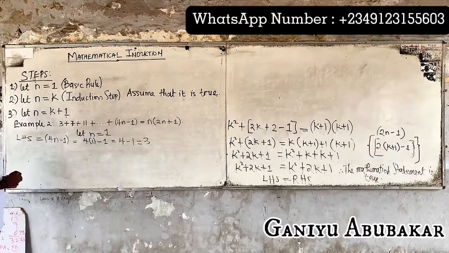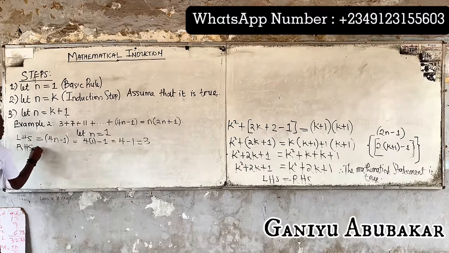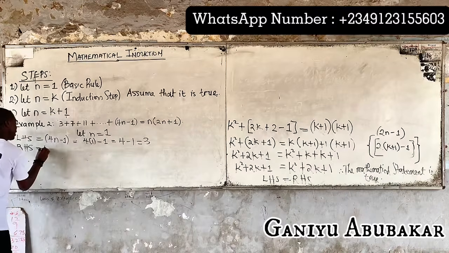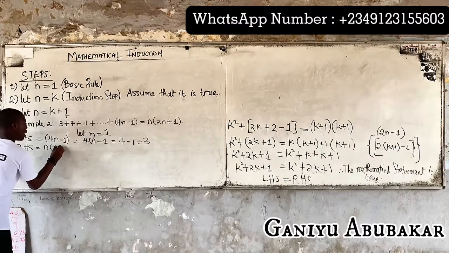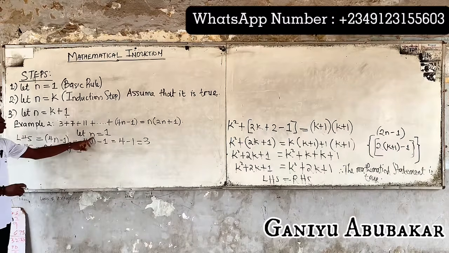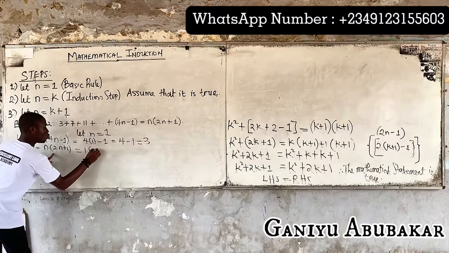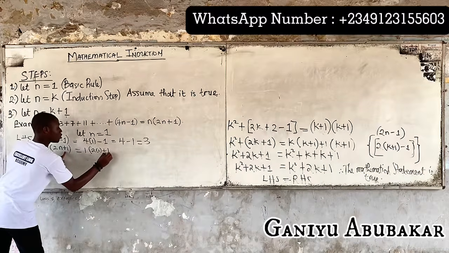I have 3 there. Also, for your right hand side, do the same thing. My right hand side is n into 2n plus 1. Put n as 1. So I have 1 into 2 into 1 plus 1.